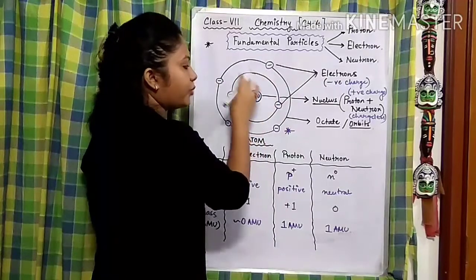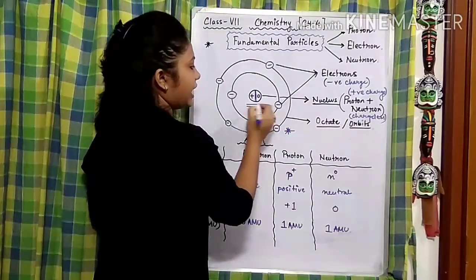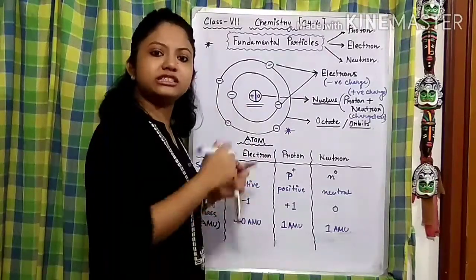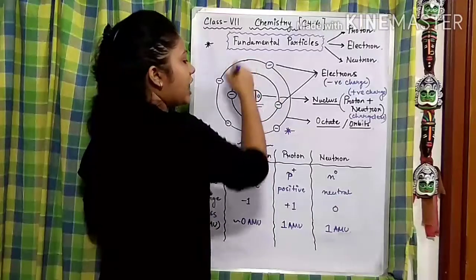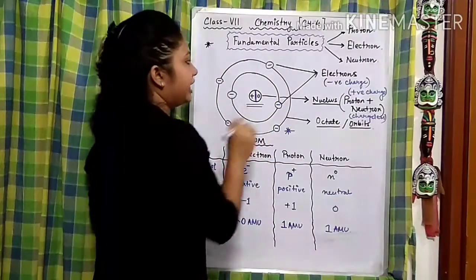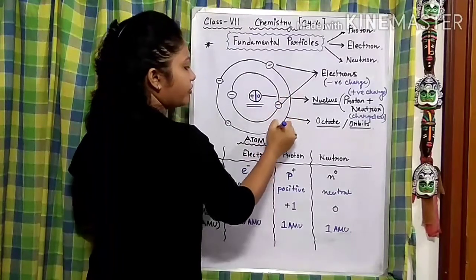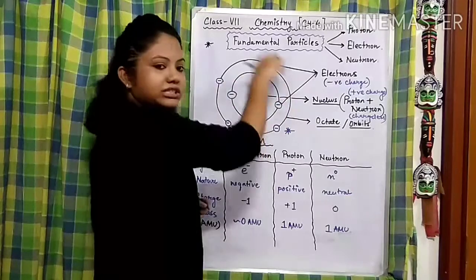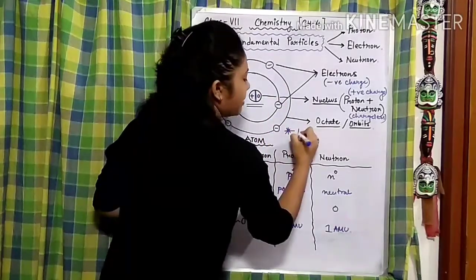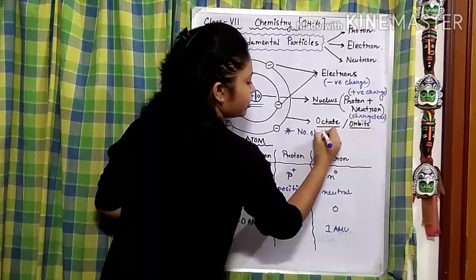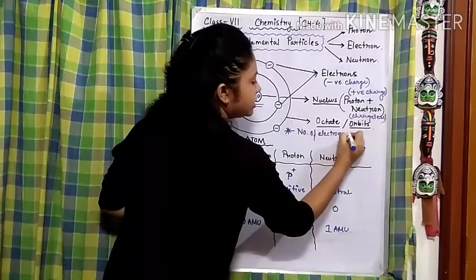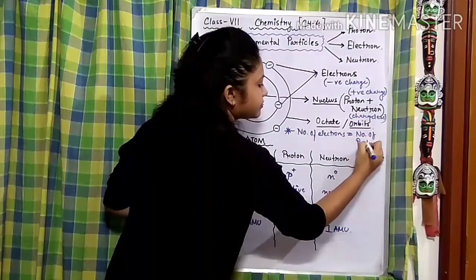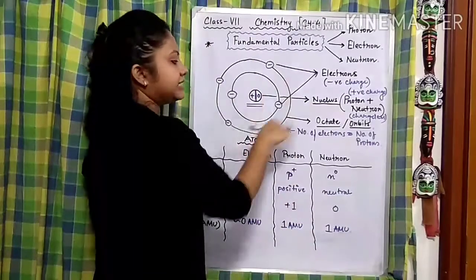Now, there is another interesting fact about them. We are going to understand how many protons are residing inside this nucleus and how many neutrons are there. The interesting thing is this: the number of electrons residing outside in the orbit is equal to the number of protons in this atom.